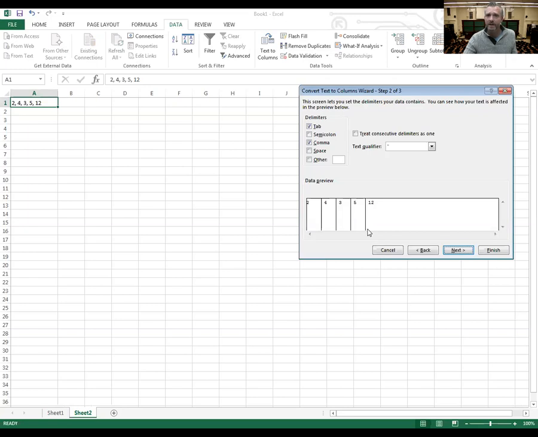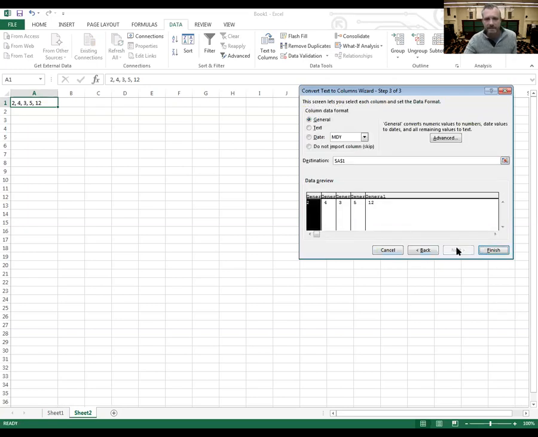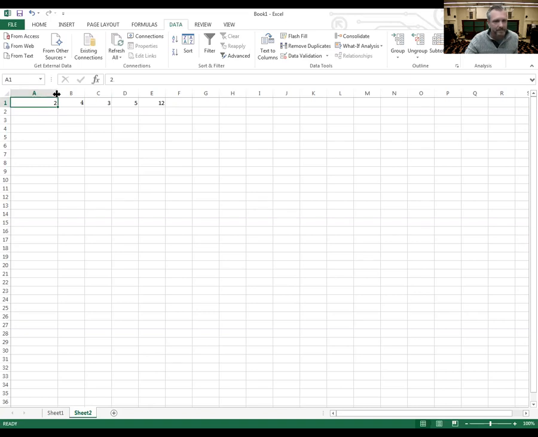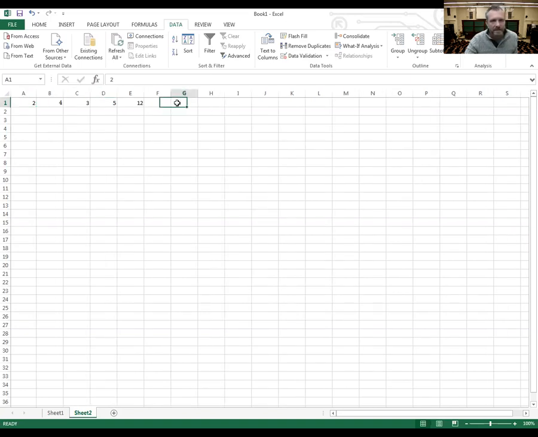Wherever there's a comma, it starts a new cell. Now I can say equals average of those. It gives me the average of 5.2. And then also the standard deviation.